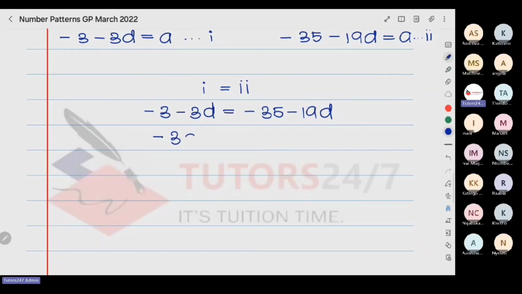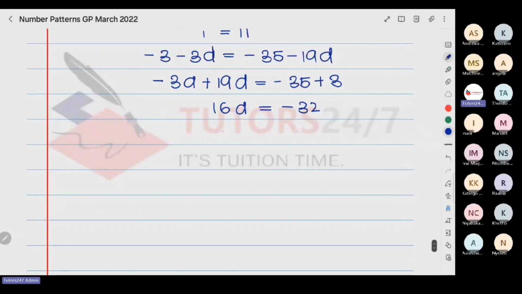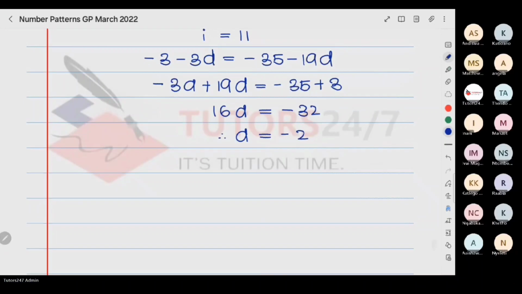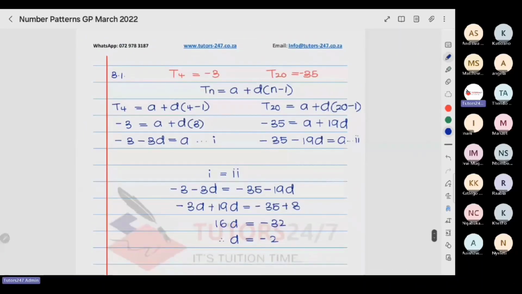So -3D plus 19D equals -35 plus 3. That gives us 16D is equal to negative 32. Therefore, D is equal to negative 2. That means that the constant difference is negative 2.